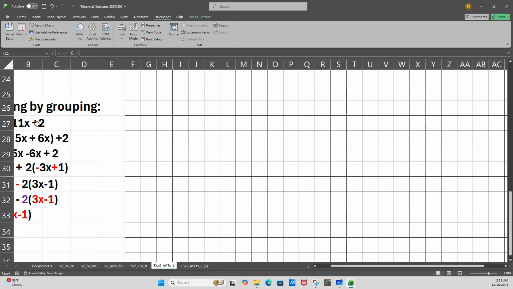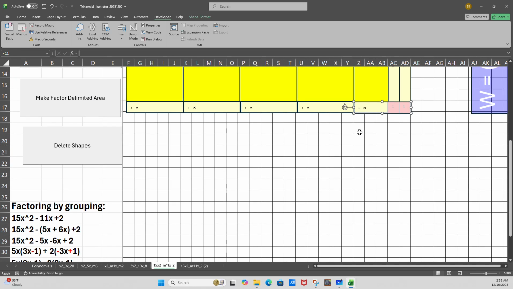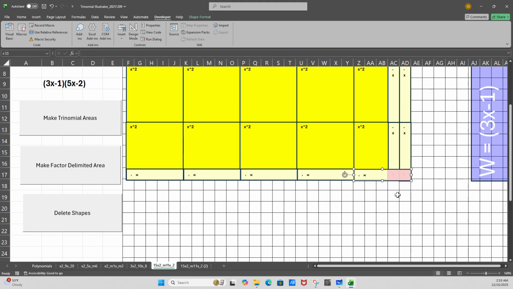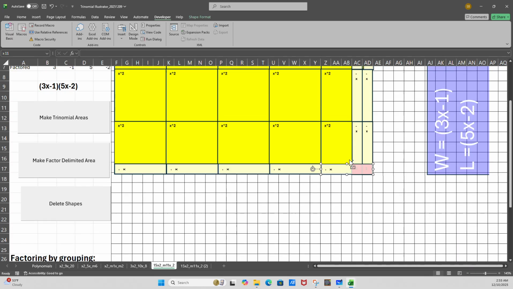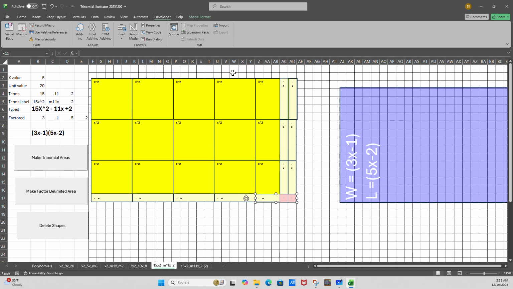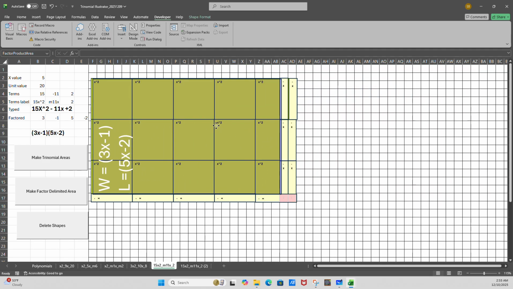So that plus 2, that's what these red ones are here. And then if you think about what's left over, it's just this rectangle right here, which is 4x and then only 3 more. Or you can think about it as 5x but minus 2, right? And if you take this and fit it over, it fits perfectly.